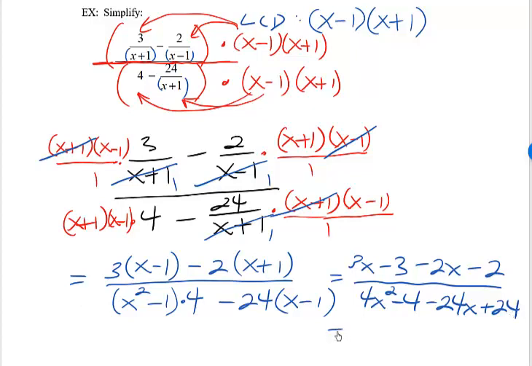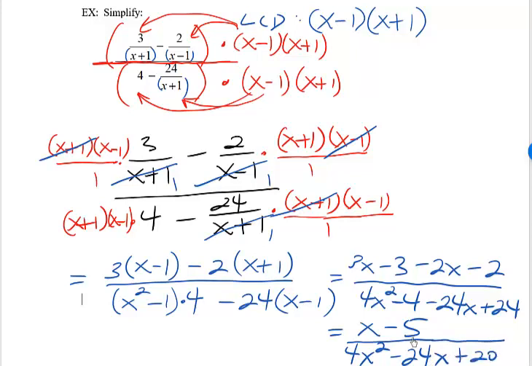Then I've got some like terms. Let's see, 3x minus 2x is x, and then minus 5 up top. And then on the bottom, what do I have? I have 4x squared, and then minus 24x, and plus 20.